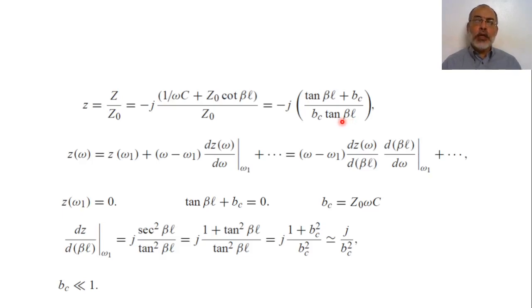This can be obtained by expanding this normalized impedance as a function of omega in Taylor series.